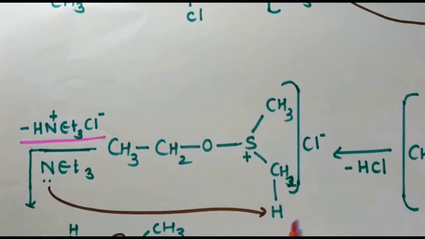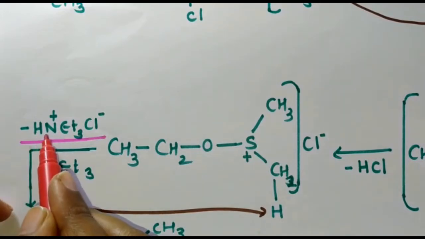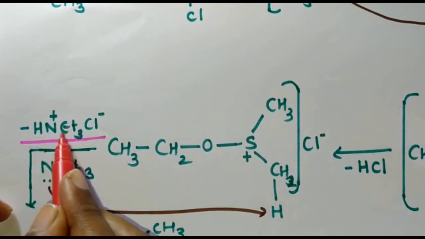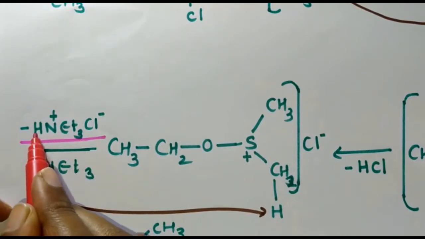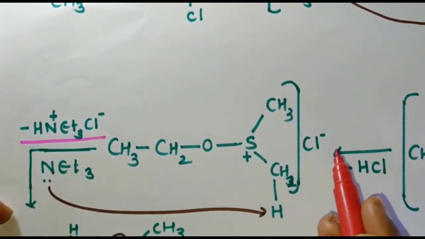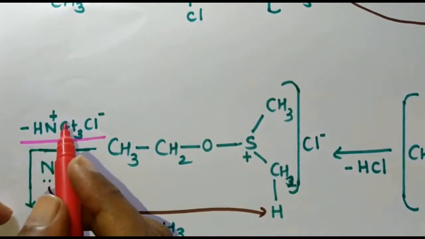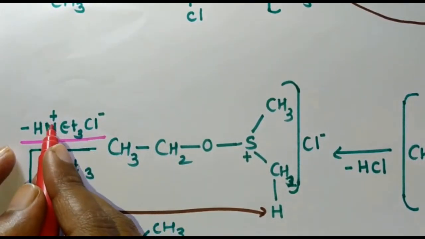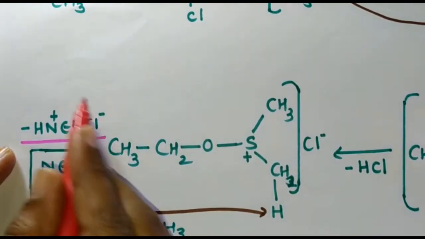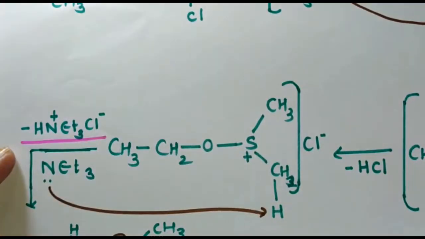When it abstracts, the nitrogen gets the positive charge. So here you can see that the nitrogen gets the positive charge, triethylamine is present as it is, the hydrogen is present here, and the chloride is removed here because it will neutralize the positive charge which is present over the nitrogen atom. So it will be removed from this reaction.